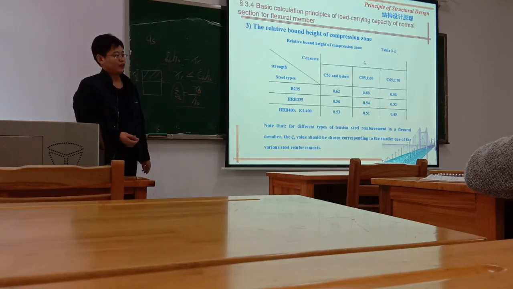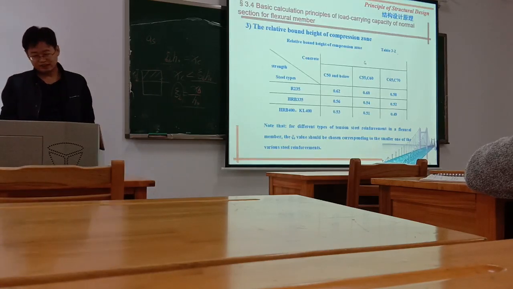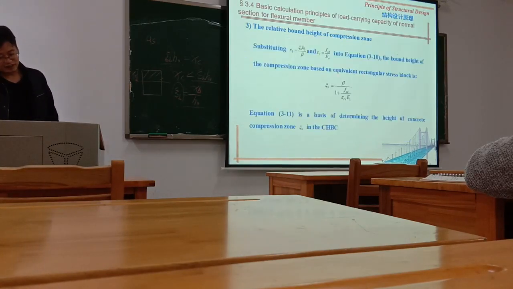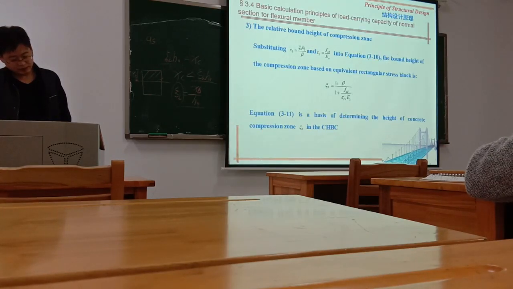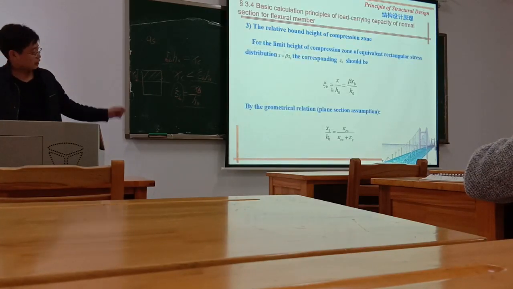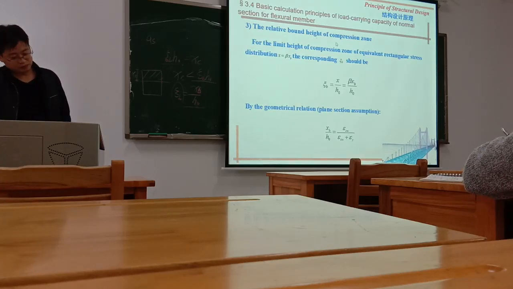Do you remember why we say Kc B is related to material? Because we use the strengths, the Fc and Fs, to calculate it. Kc B we call the relative bound height of the compression zone.